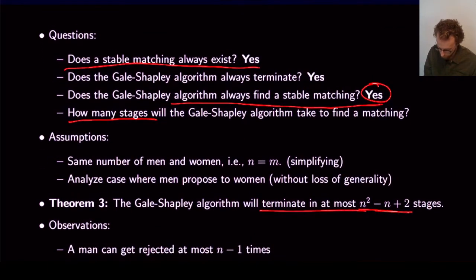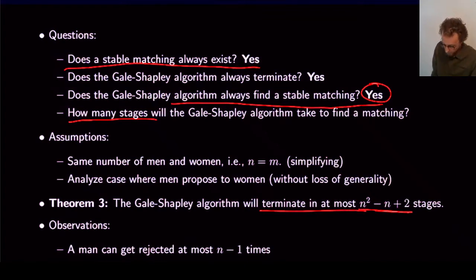A stage is not a terminal stage if someone got rejected. So each man can get rejected at most n minus 1 times, right? And that's because if he gets rejected n minus 1 times, then that means there's only one person left to propose to, so that by definition has to be his last proposal.